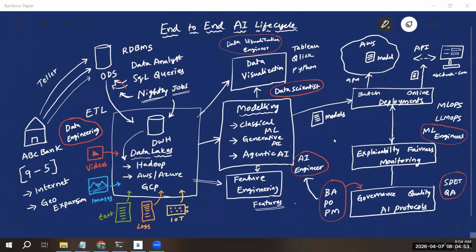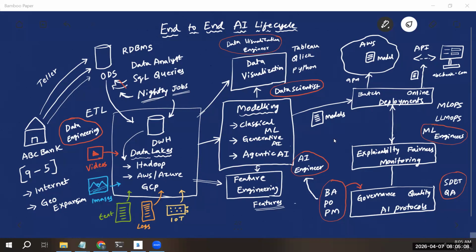It's very essential that we get into the right space so that it gives us a good pathway, at least a couple of years' pathway to stay.